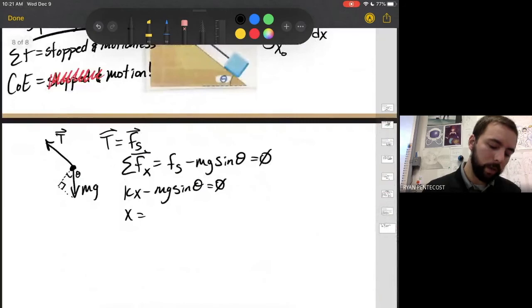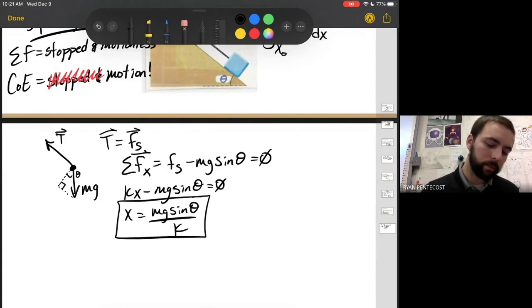So x would equal, we add the mg sine theta to the other side and divide by k. So that's how you'd be able to find that if the block is found at rest, stopped and motionless. This is just how far from equilibrium the block pulls the spring and comes to rest. So that is what we would do for that.